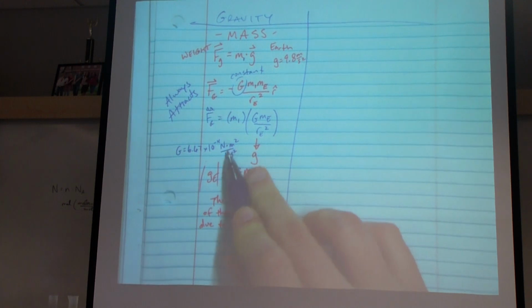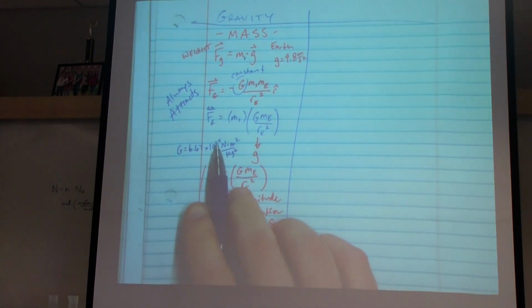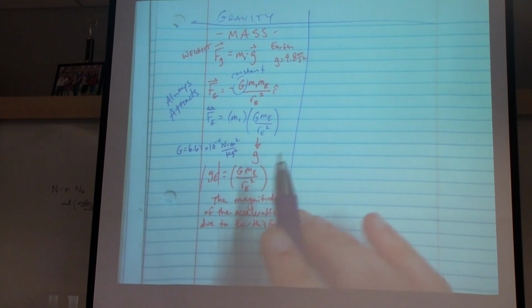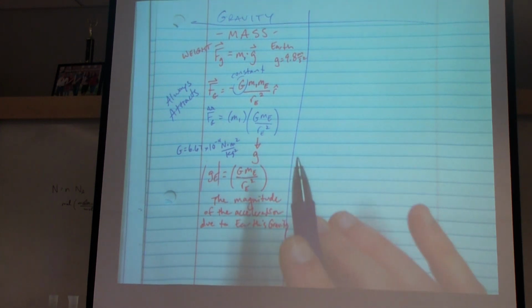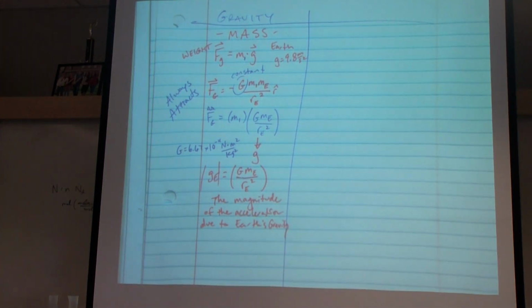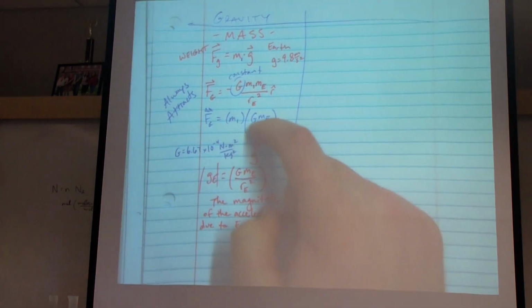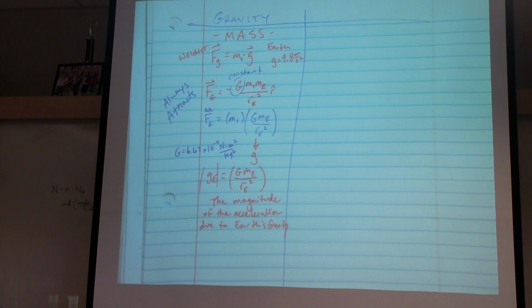This is a proportionality constant, and it's very tiny, negative 11. However, the mass of the Earth is about 10 to the power of 24 kilograms, so it's enough to overcome that very tiny gravitational constant here.